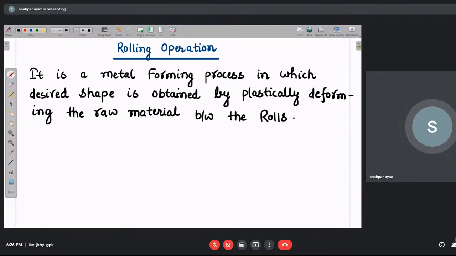Right? Deforming between the rolls. Okay.